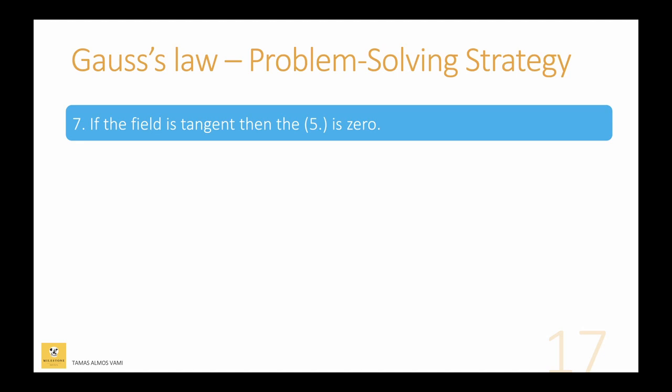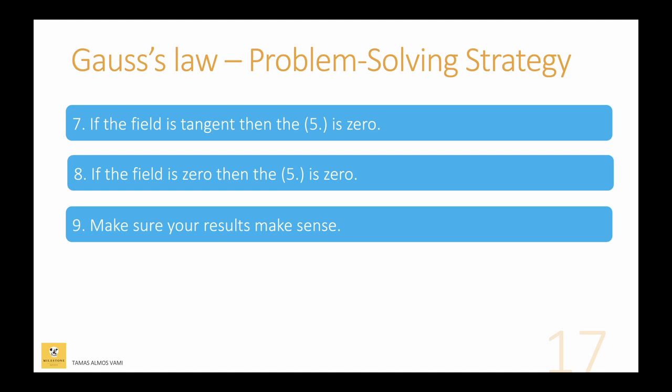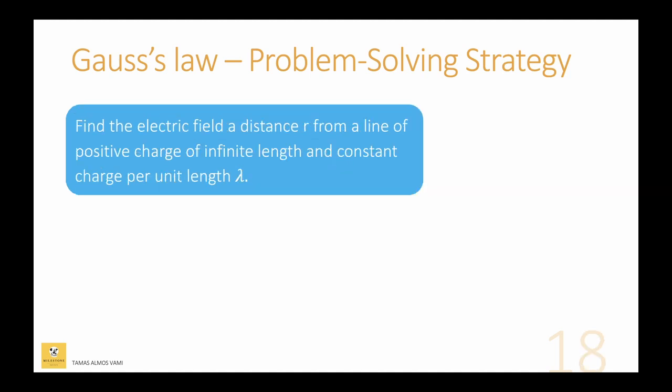If the field is tangent to the surface, then that integral will give you a 0, so there is no point in doing any integration. And of course, if the field is 0, then the integral will be 0 too. And as always, just make sure that your results make sense.